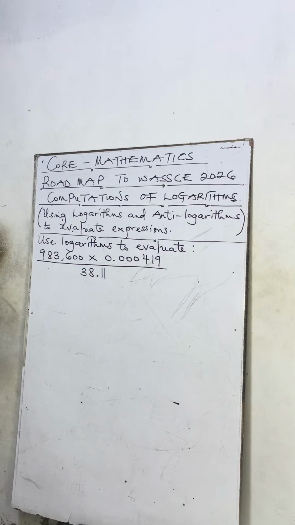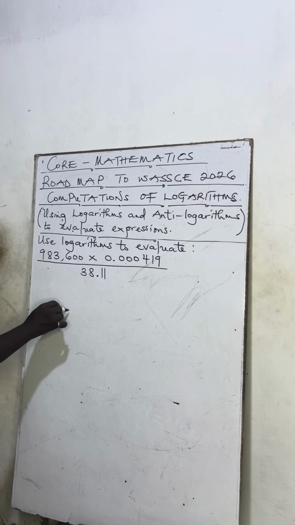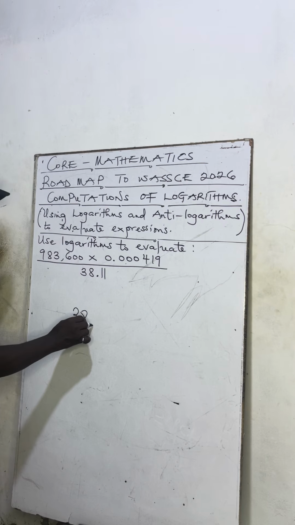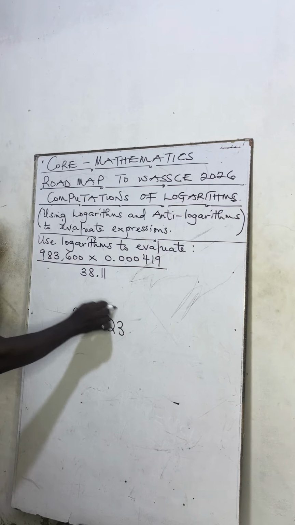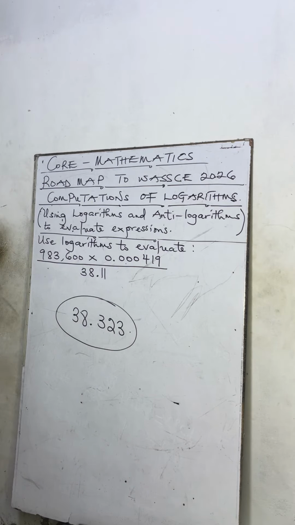Now, if you have a number in logarithm, don't forget that log 10 is a number. So if you have a number in logarithm, precisely a decimal number, let's see, 38.323. Now this is already in log.